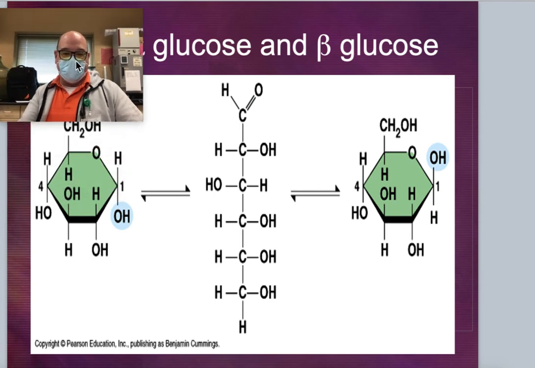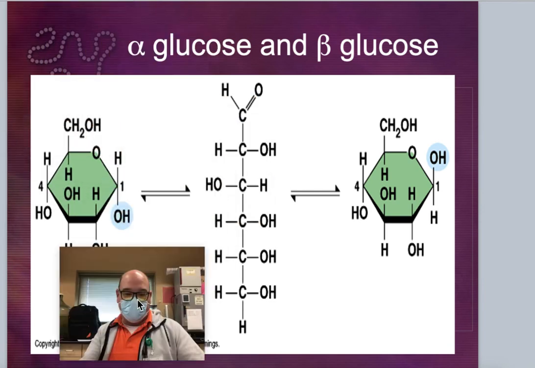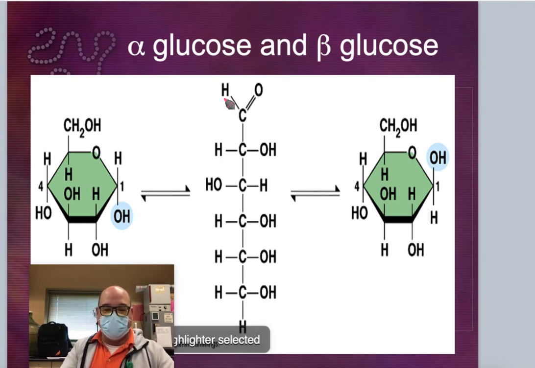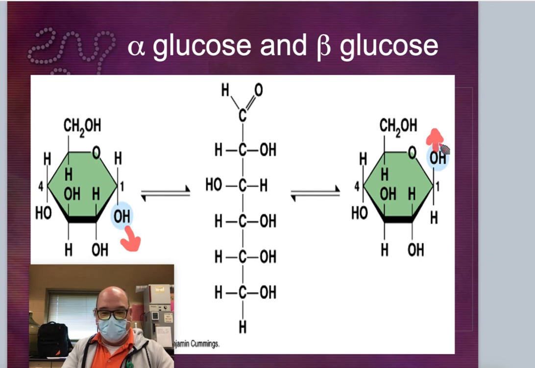Just some examples. This is one of those level 3 things. There are sometimes what are called isomers of sugars, and these have the same chemical formula, C6H12O6. If you count those up, they'll be the same. But on this one, the OH is facing down next to this OH, and on this one, the OH is facing up.